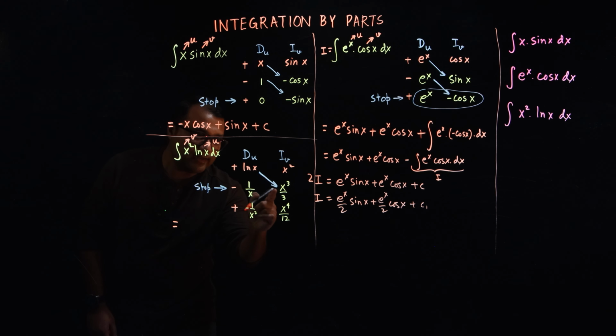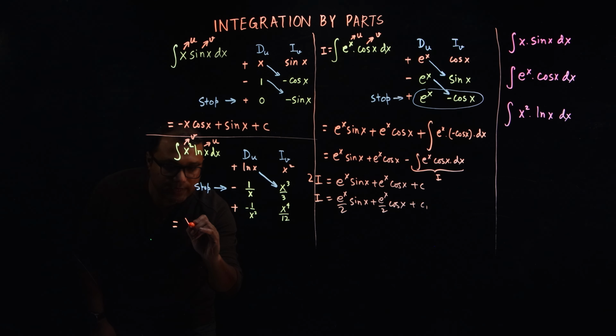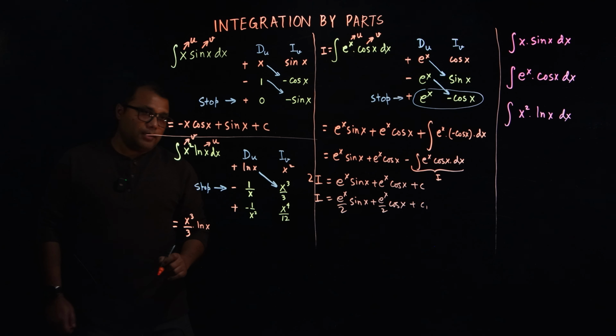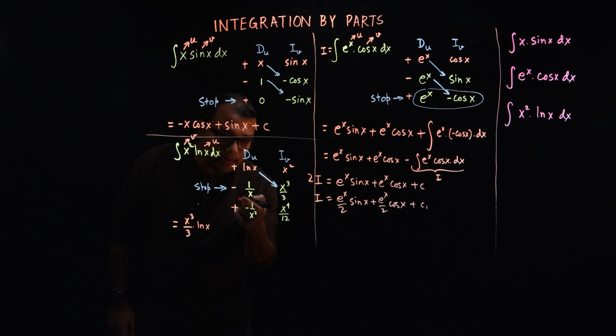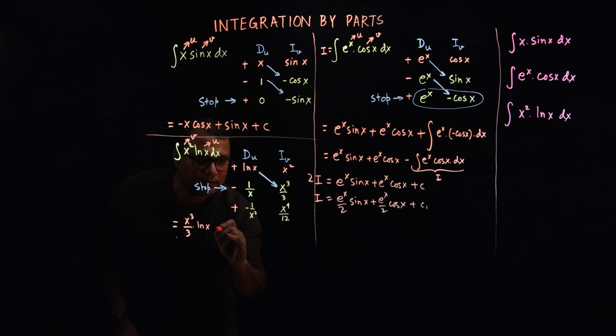So, this is ln x times this, so x cube by 3 ln x, and then if I stop here, let us just multiply these two terms and integrate. So, minus the integral of 1 by x times x cube by 3 dx.